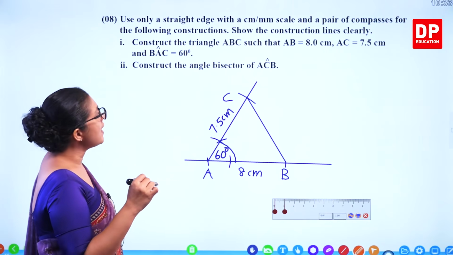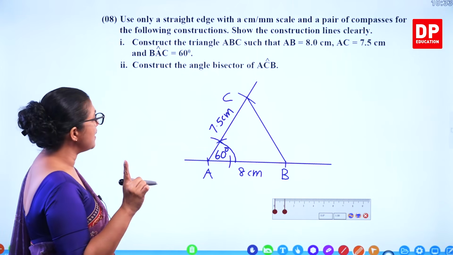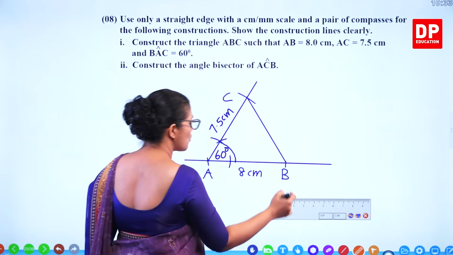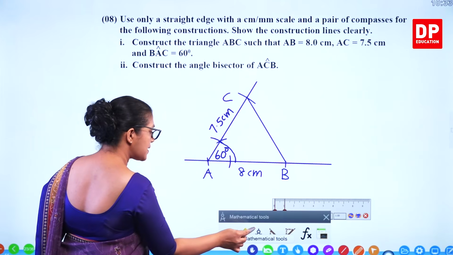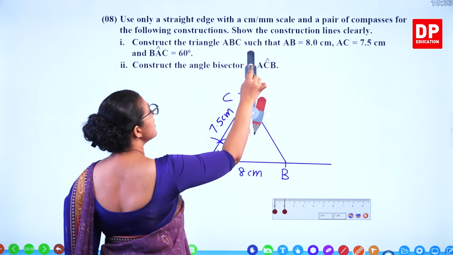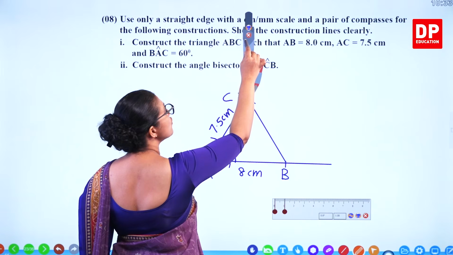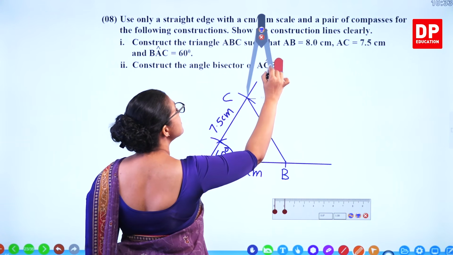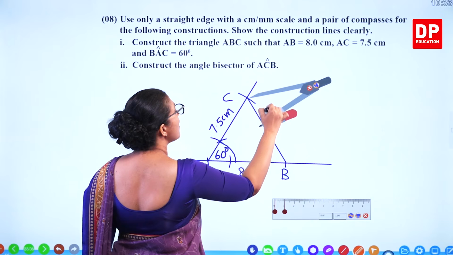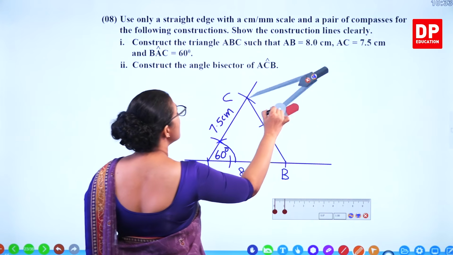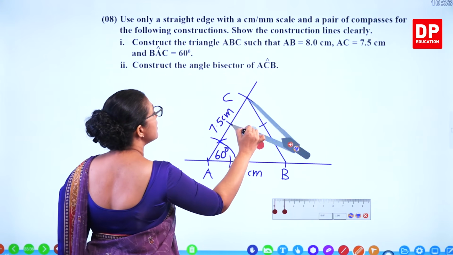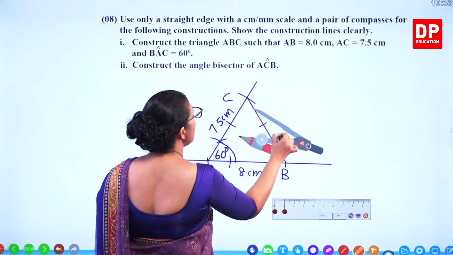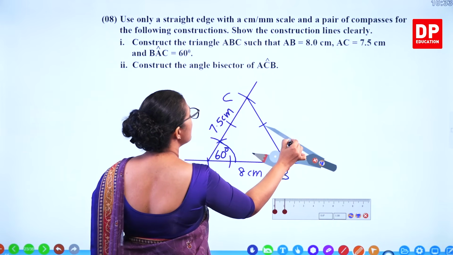Construct the angle bisector of ACB. So that means you need the compass again. Draw the angle bisector. This time you have to keep on top of point C. Take a certain distance. Draw an arc on this line and this line. And again, keep on top of this.